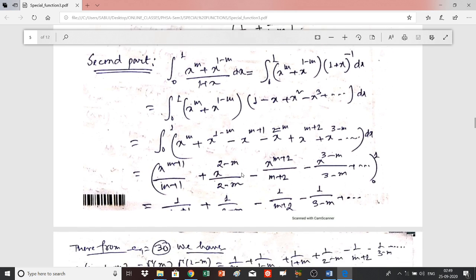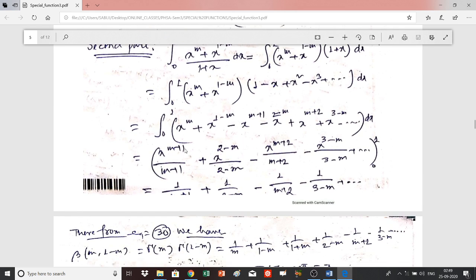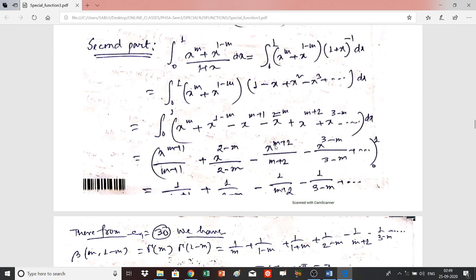So just now integrate all these terms. From the first one, x^(n+1) by n+1. From these, x to the power 2-n, then by 2-n, and then from here x^(n+2) by n+2, and then x^(3-n) by 3-n, and so on, 0 to 1.